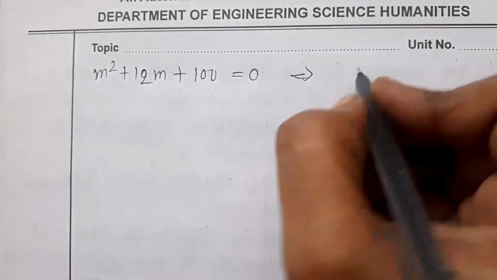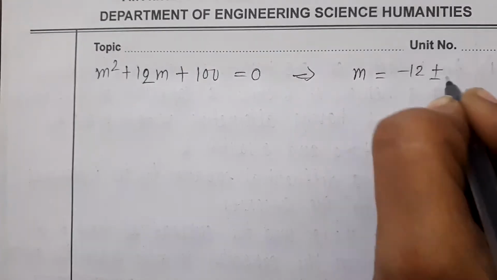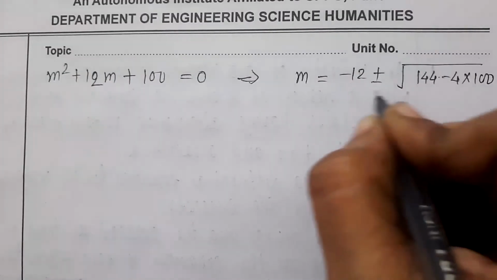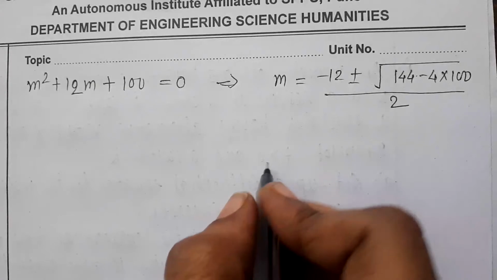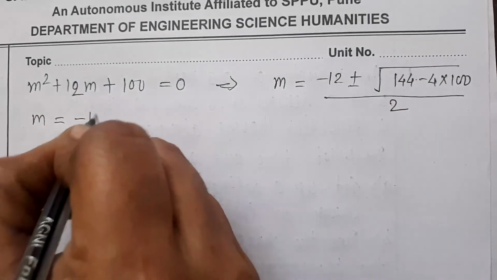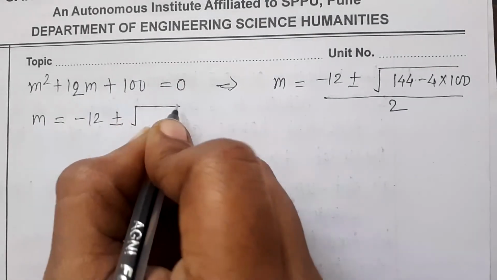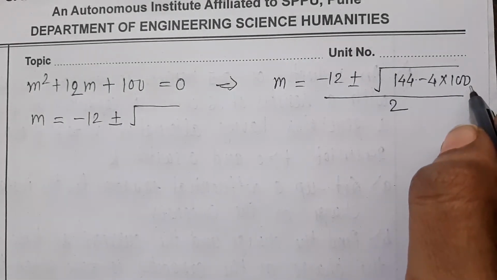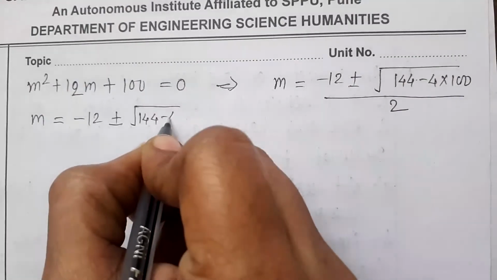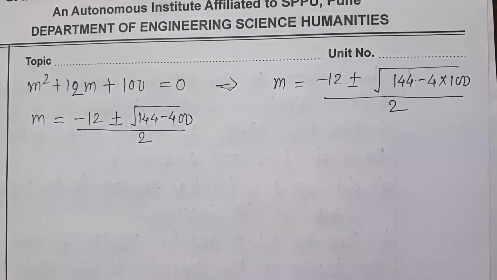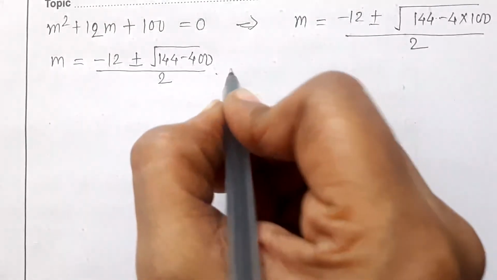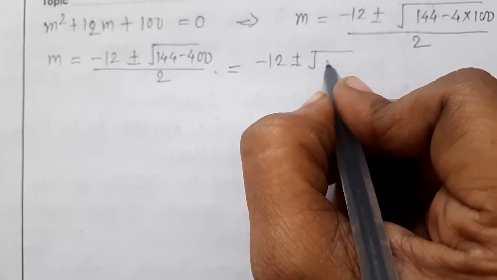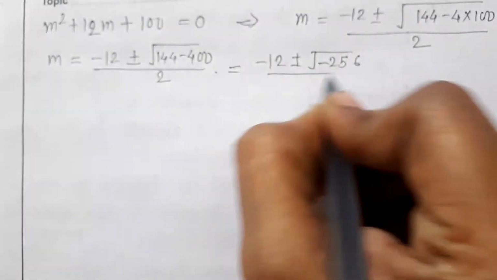Using m is equal to minus b plus minus square root of b square minus 4ac, divided by 2a, we get m is equal to minus 12 plus minus square root of 144 minus 400, divided by 2.